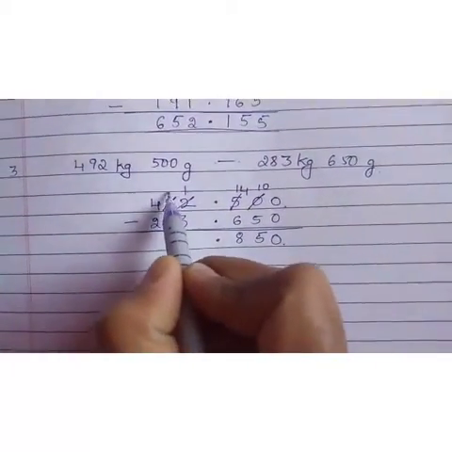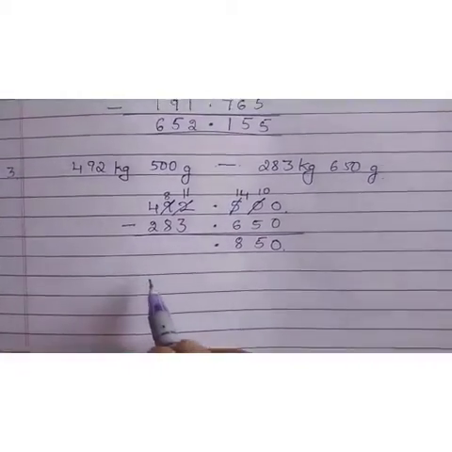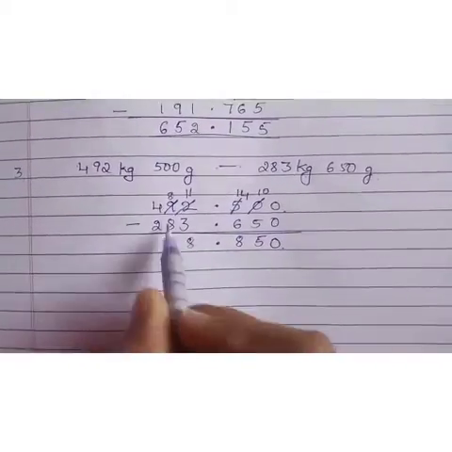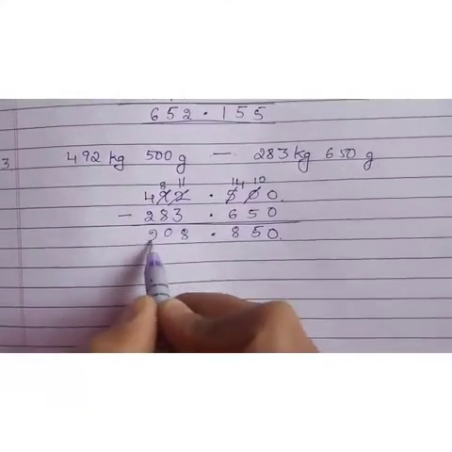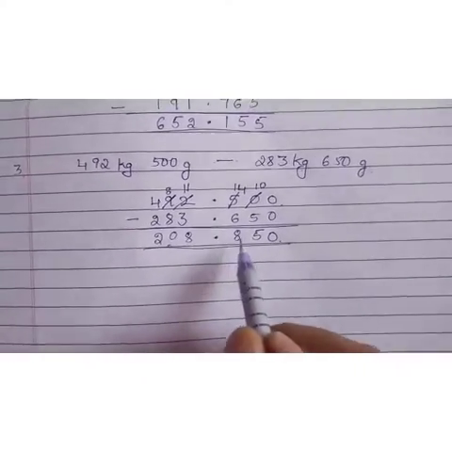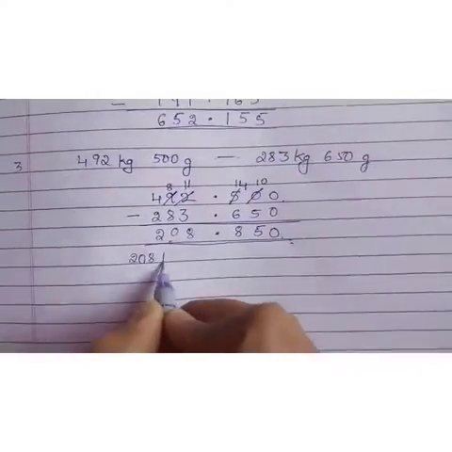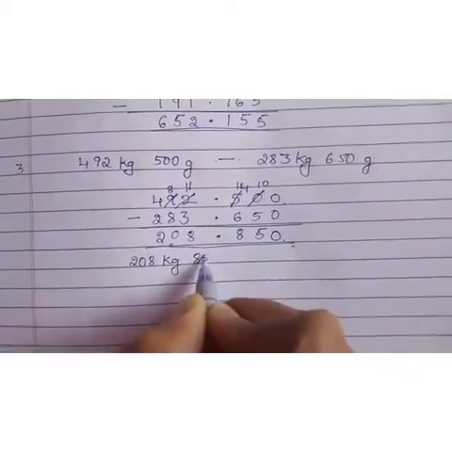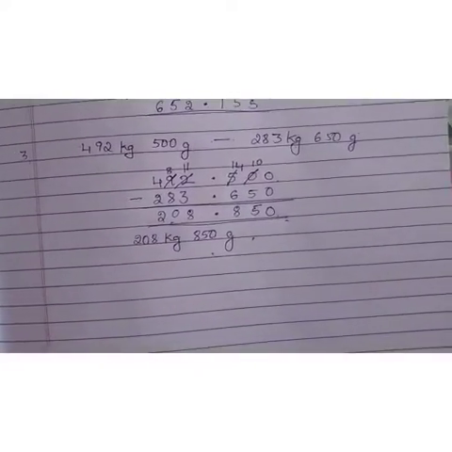No. So it becomes 8 and this is 11. 11 minus 3 is 8. 8 minus 8 is 0. 4 minus 2 is 2. So your answer is 208.850 or you can also write 208 kgs 850 grams as it is given in the question.